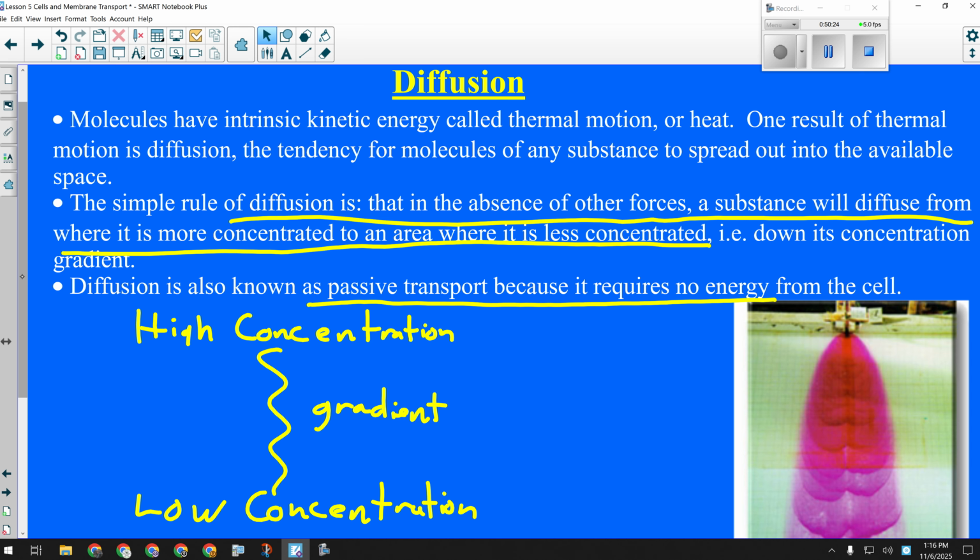Diffusion works on the same principle as a fart. If somebody farts and you're right next to them, your experience is different than the person on the other side of the room. Because you are at the area where the fart molecules are in highest concentration. And so your experience is quite intense. The fart molecules will naturally spread out throughout the room.